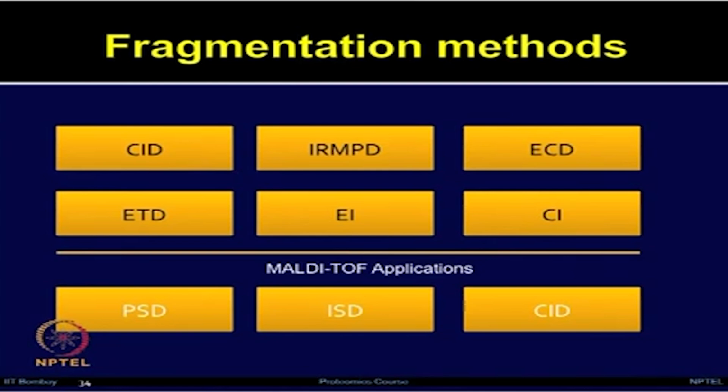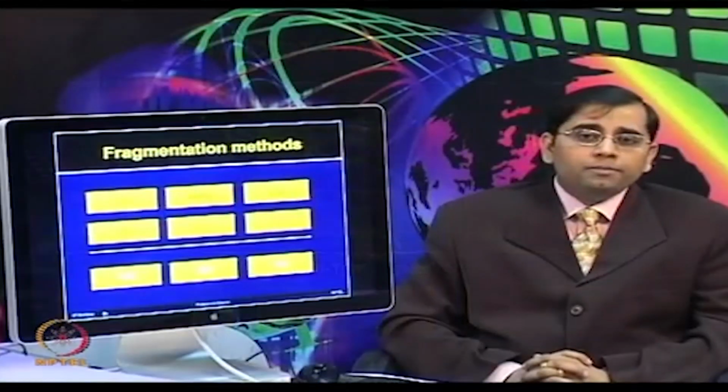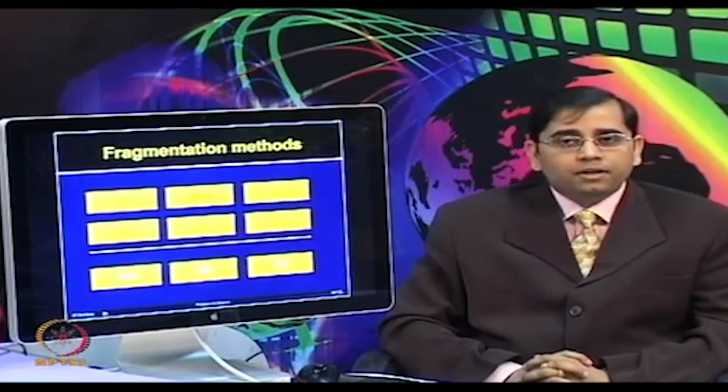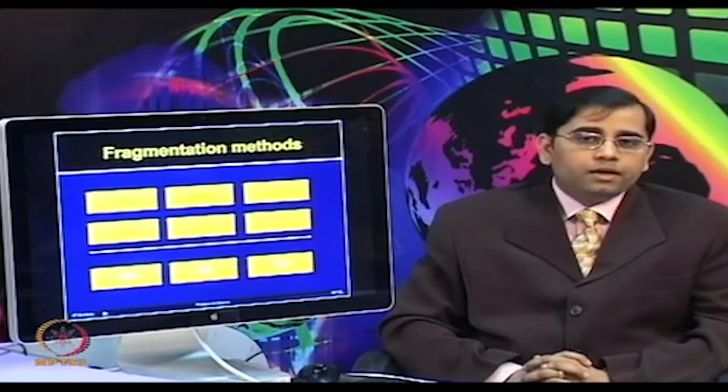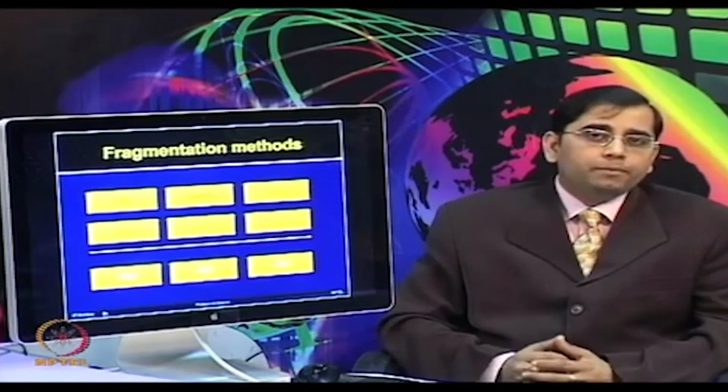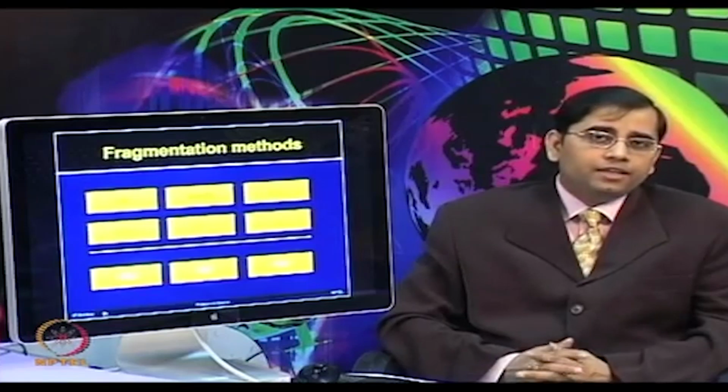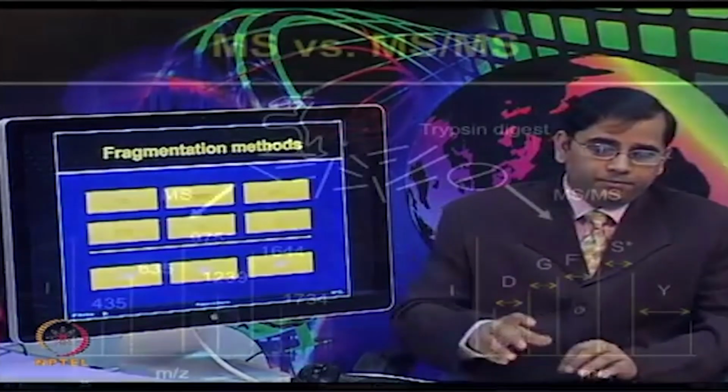For MALDI, more specifically PSD or post source decay, ISD or in source decay, as well as CID or collision induced dissociation are commonly used fragmentation methods. The most common means of ion activation and dissociation in organic and bioorganic materials is collision induced dissociation.